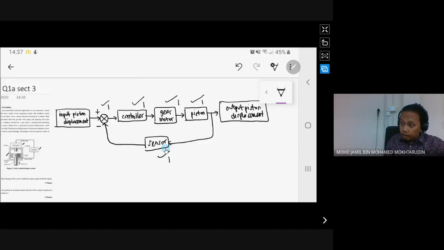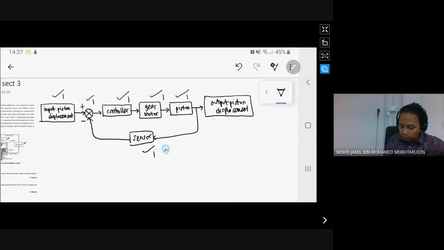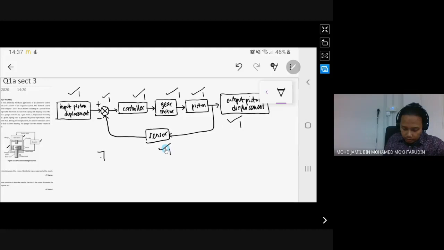And then input piston displacement, another mark. And lastly is the output. So if you have all of this, then you get 7 marks. 7 marks for question 1A1.